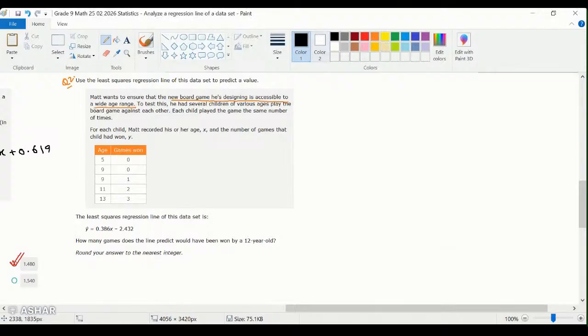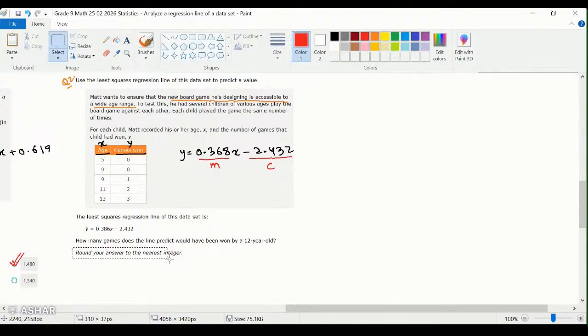The age is represented by X, the games won are represented by Y. The equation given to us is 0.368x minus 2.432, where this is the slope and this is the negative intercept.